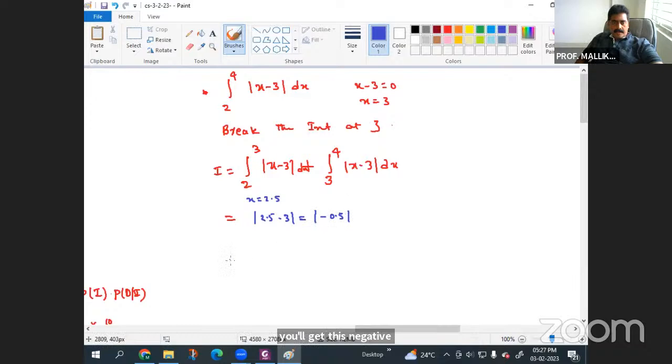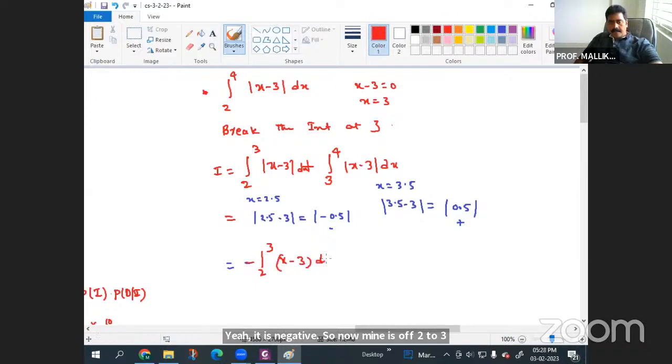So I should take here minus. And here I will take x equal to 3.5. 3.5 minus 3, I am getting as what? 0.5, positive. Here positive, here negative. So now minus of integral 2 to 3 of x minus 3 dx plus, because for 3 to 4 I should take plus, x minus 3 dx.